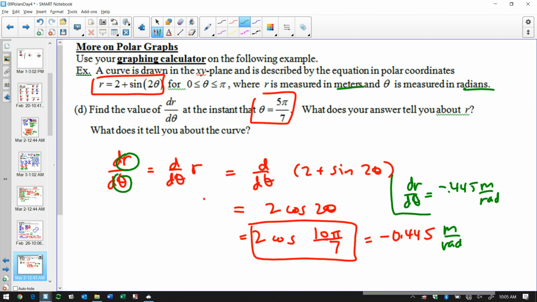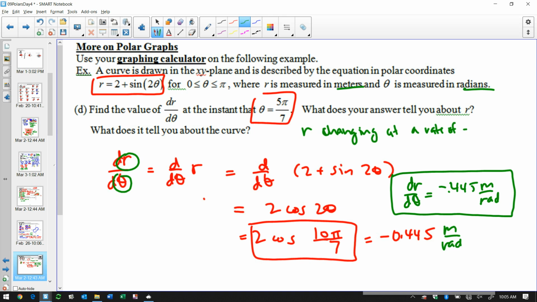Okay, and what it tells you about R is that, see if this makes sense. This is like in our old days, that R is changing, remember derivative, at a rate of negative 0.445 meters per radian. You guys remember that from our derivative days? To be able to say that?